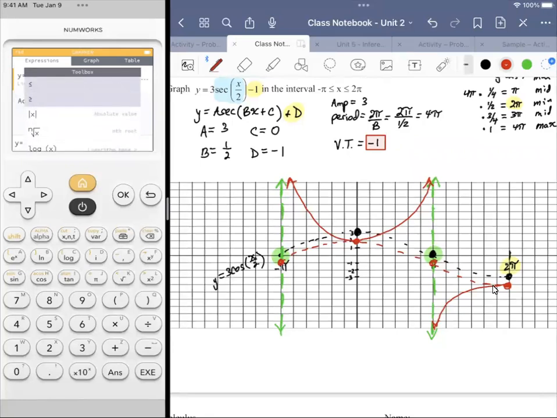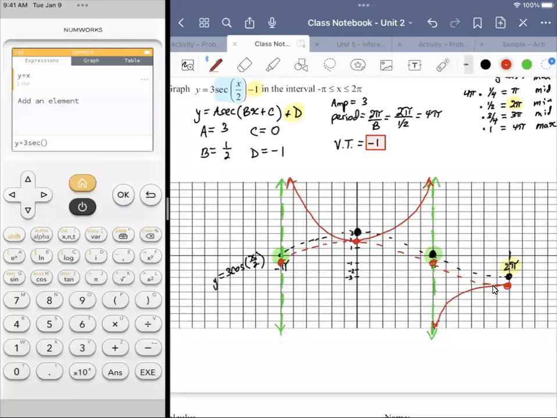They did it a little too quick. So you're in your toolbox, you scroll down until you find trigonometry, hit OK, go to advanced, hit OK again, and now you have all the good stuff, all the stuff that's not on your main keypad. So I need secant.